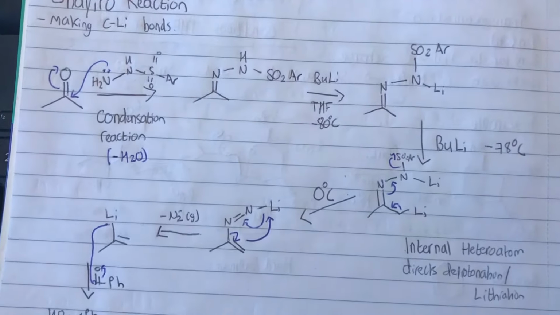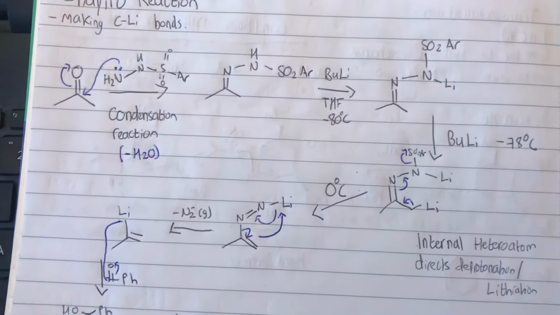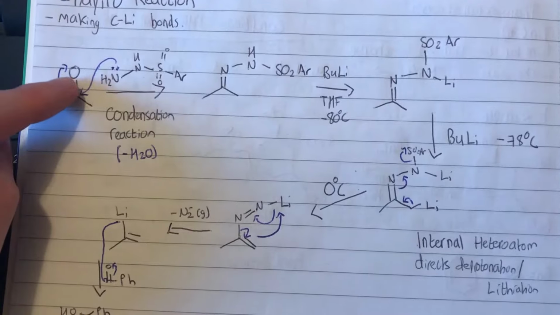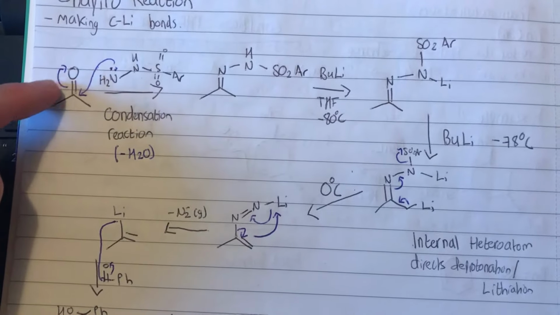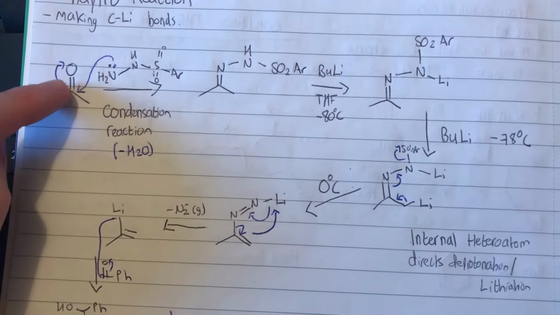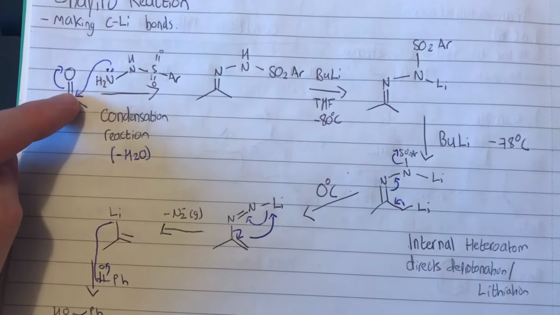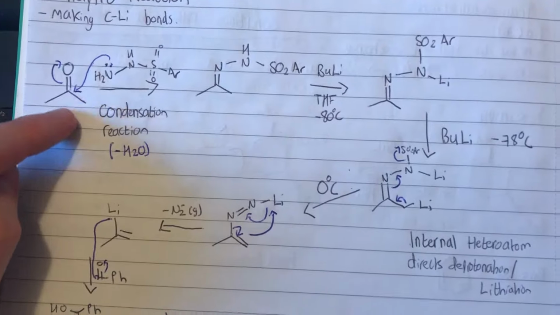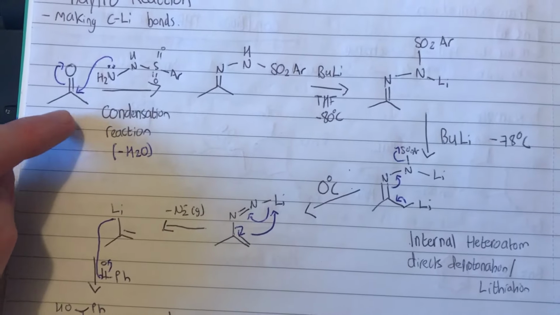The OH group now gets protonated to form OH2 here, and the OH2 can come down and break the bond here, and because this is a single bond now after we've done this attack, we form a double bond between the carbon and nitrogen.